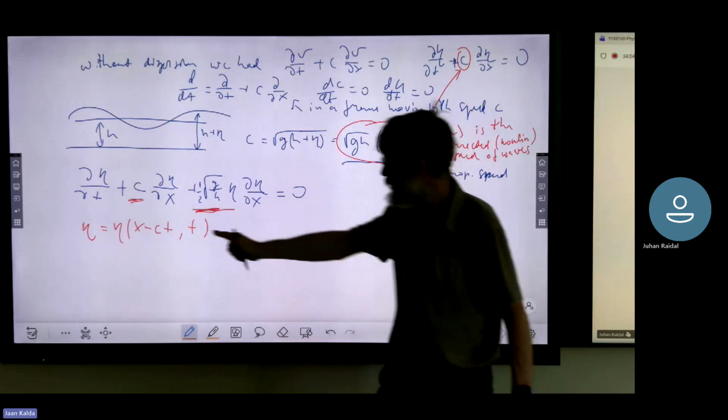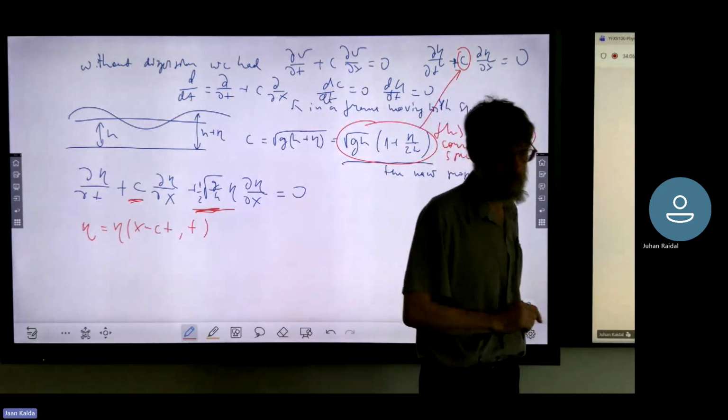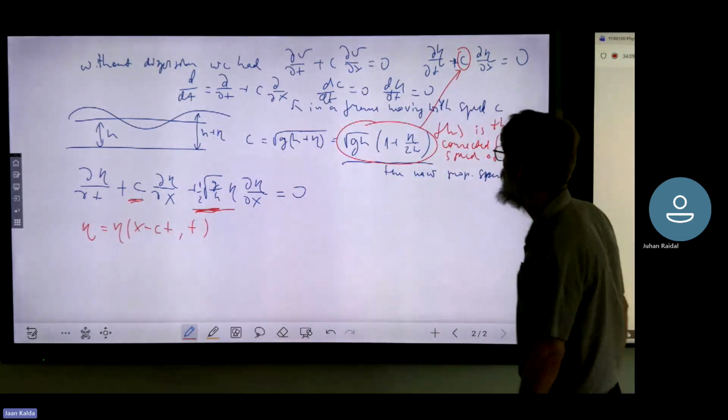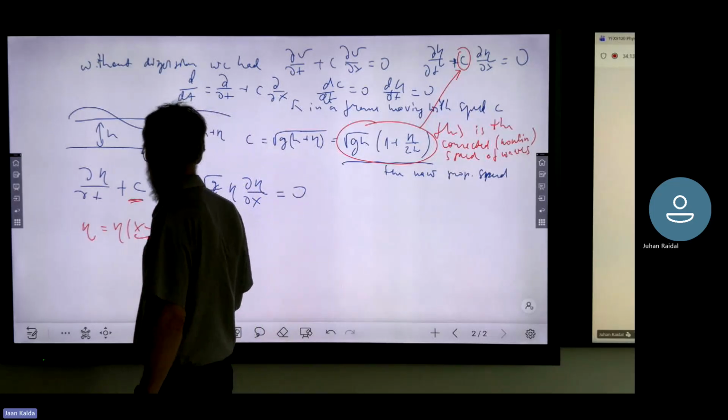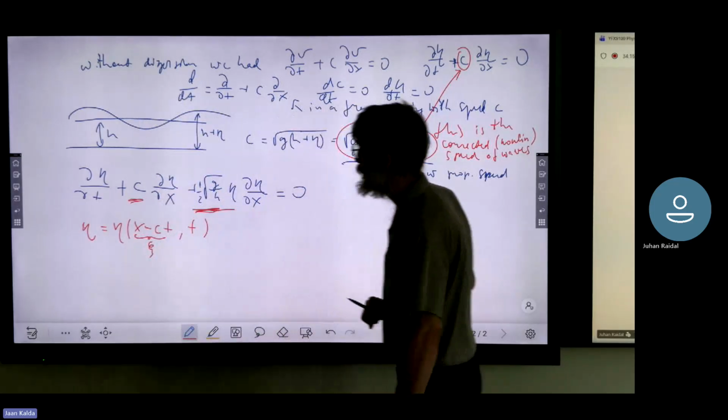But if I take it like that, then I say that this is the new coordinate, the co-moving frame, and the coordinate in the co-moving frame I denote as psi.